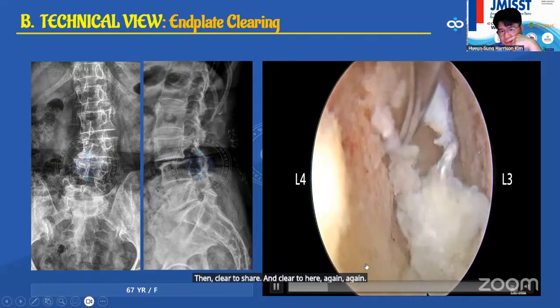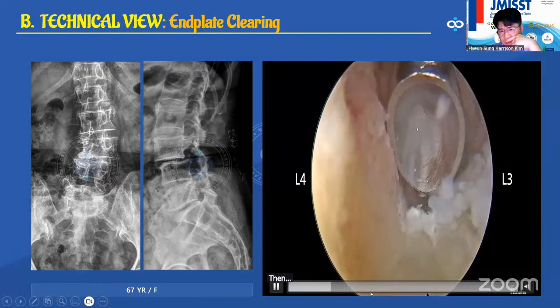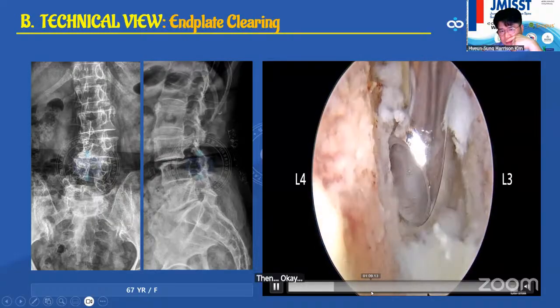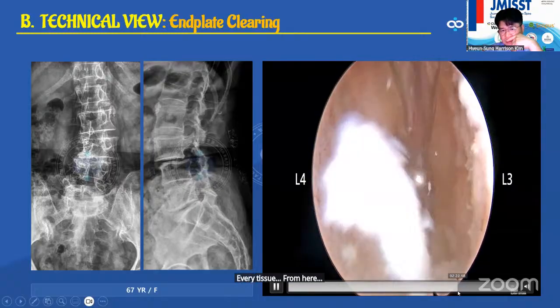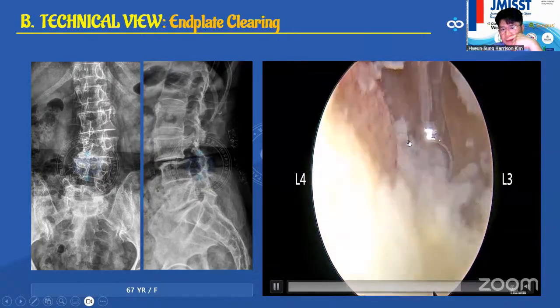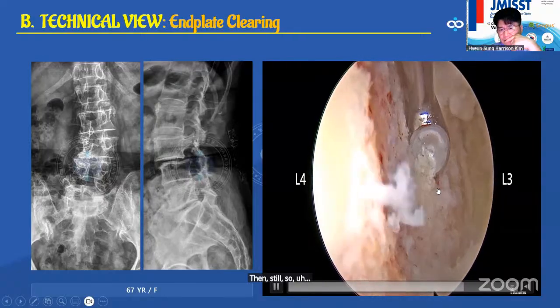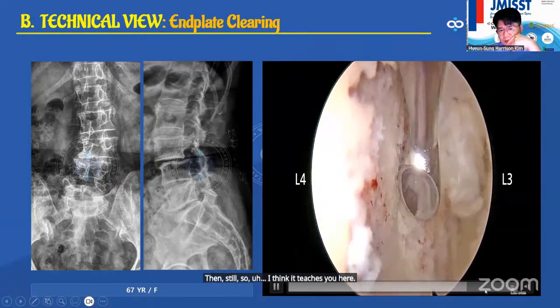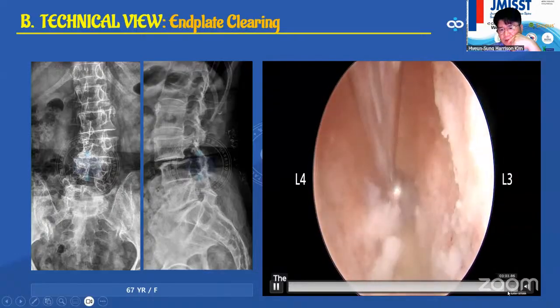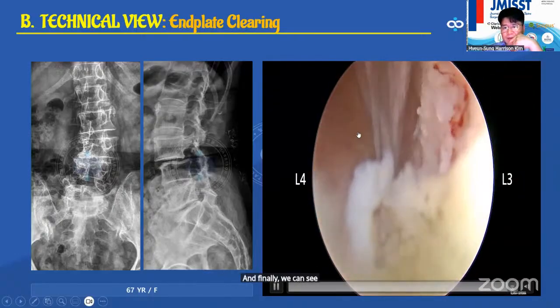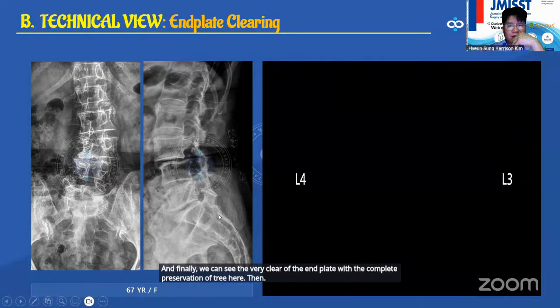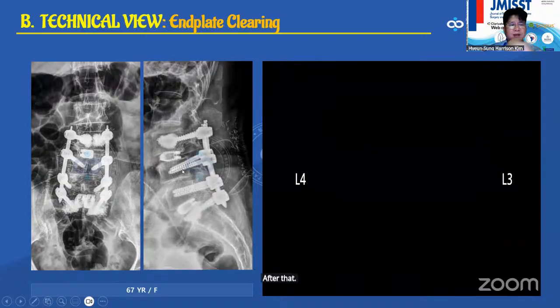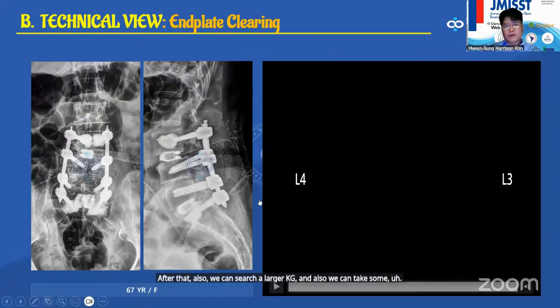Then okay, every tissue is detached from here, then still thick tissue attached to here, detach and detach. And finally, we can see the very clear end plate with complete preservation up to here. Then after that, we can insert a larger cage, and also we can get a good fusion rate for this patient.